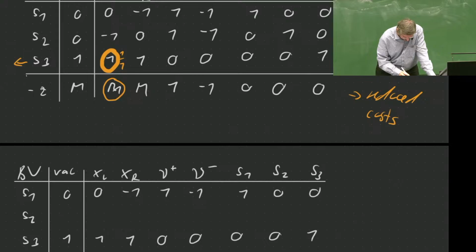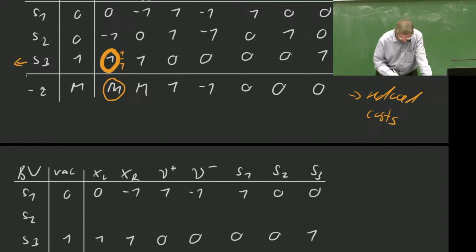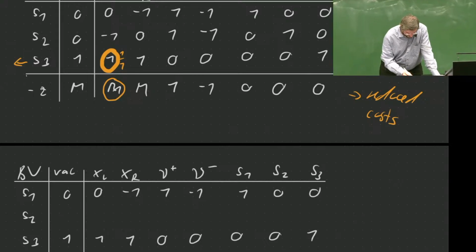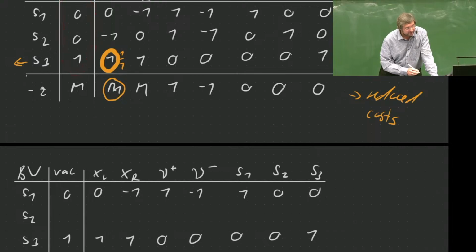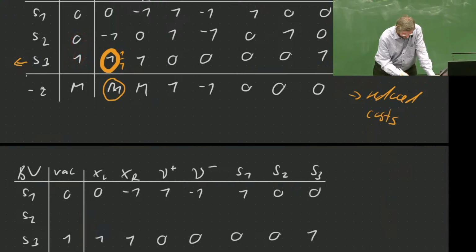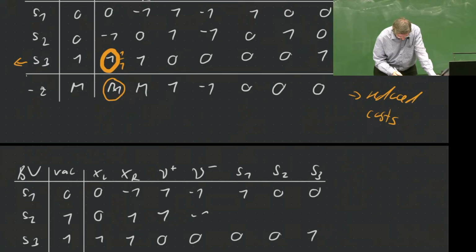We keep the S2. Don't forget to also do this operation for the values column. So here, if we add this, we get a 1 here. We get a 0 here. We get a 1, a 1, a -1. Nothing changes here.